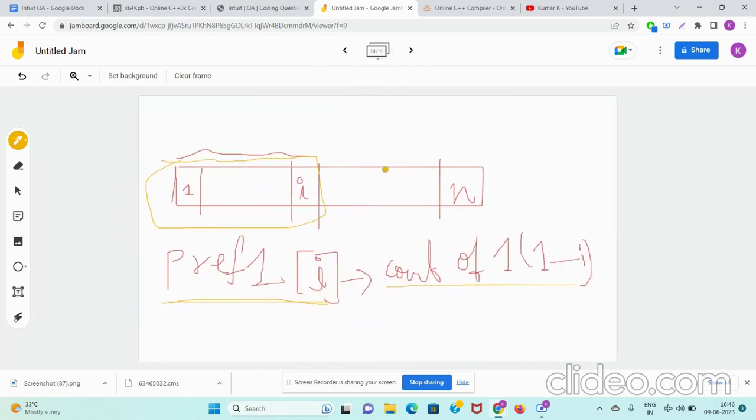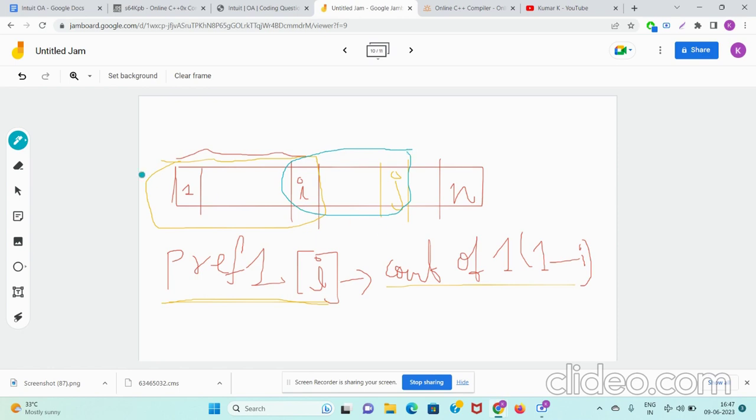Say this is index j. You want to know the number of ones from index I to index j.